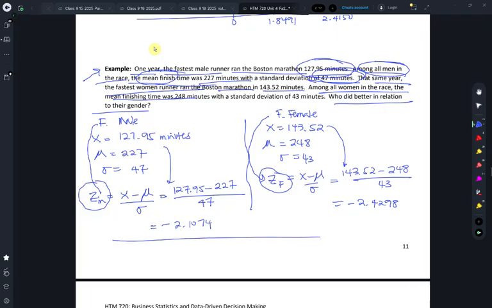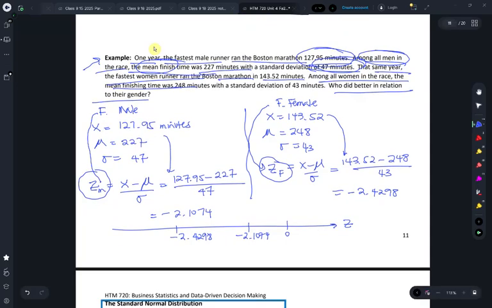Now I can compare the two z-scores together. I have my 0, and I have negative 2.1074 and negative 2.4298. The bigger number is this one and the smaller number is this one. But in the context of this problem, we're talking about the time taken to run a marathon.